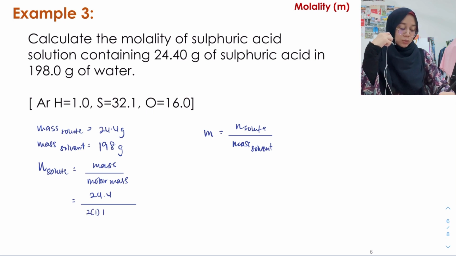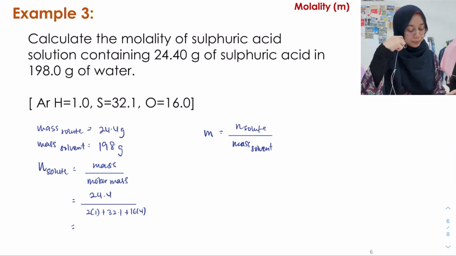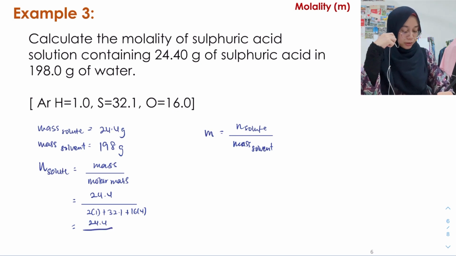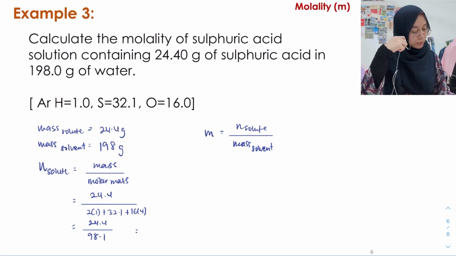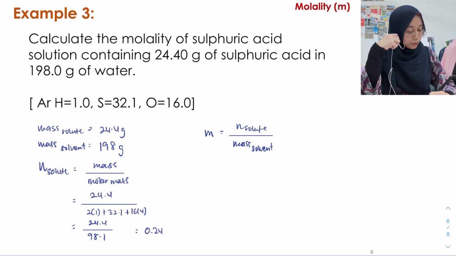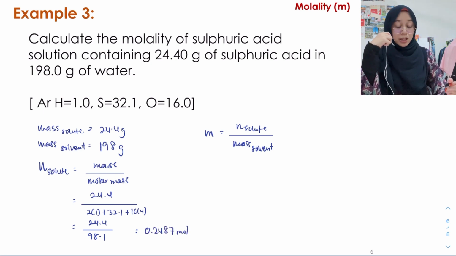So 2 times 1 plus 32.1 plus 16 times 4, which is 98.1. We get the mole equal to 0.2487 mol.